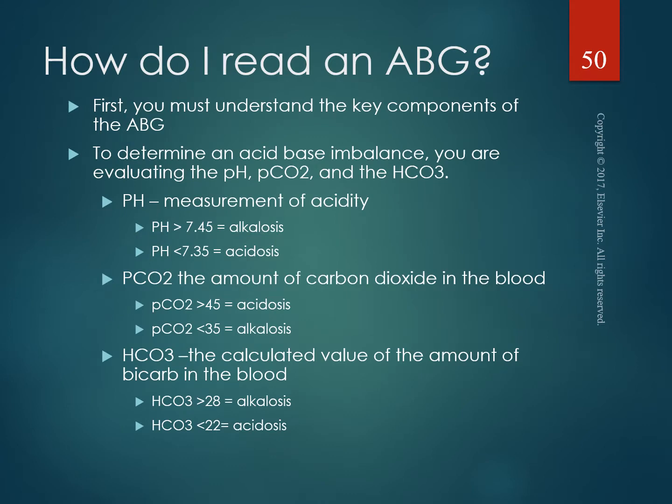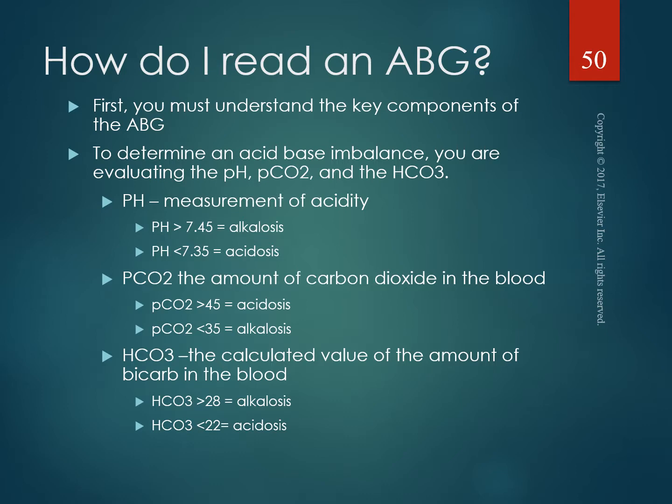So when you're trying to read these, first you must understand the key components of the blood gases. To determine an acid-base imbalance, you are evaluating the pH, the PCO2, and the HCO3. Your pH is the measurement of acidity. A pH greater than 7.45 is alkalosis. A pH under 7.35 is acidosis. Your PCO2 is the amount of carbon dioxide in the blood.